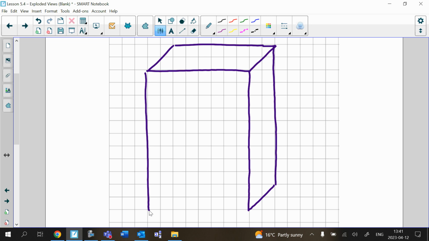The question is, where do I start? So here's the top. Where do I start my top shelf? How many down? 3. Because if you look at the exploded view, the difference between this top corner and this shelf corner is 1, 2, 3.